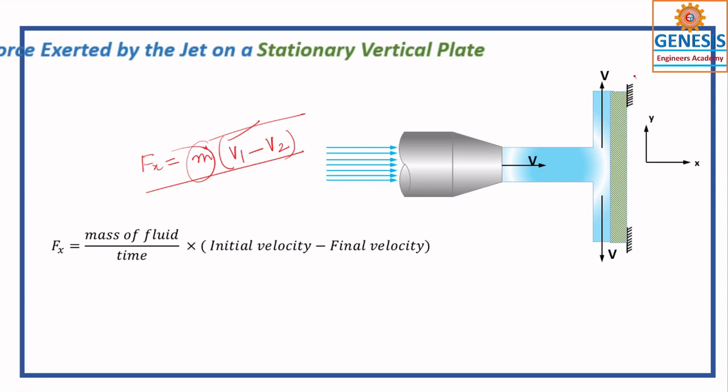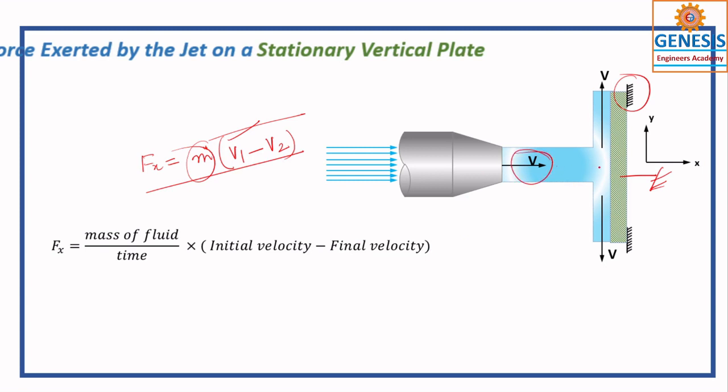You have to understand that this symbol I have used indicates the plate is stationary. In some cases they may show it like this. Anyway, this is subjected to the impact of the jet. Now, what is the initial velocity v?